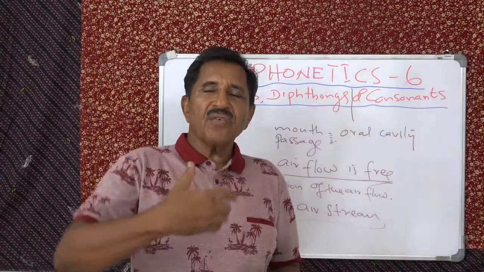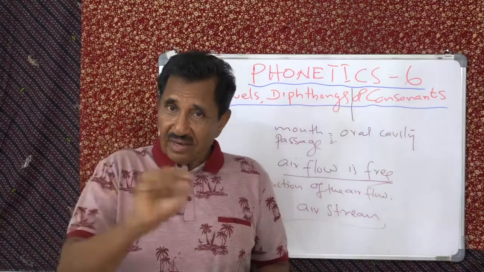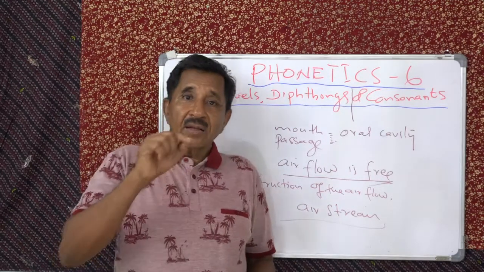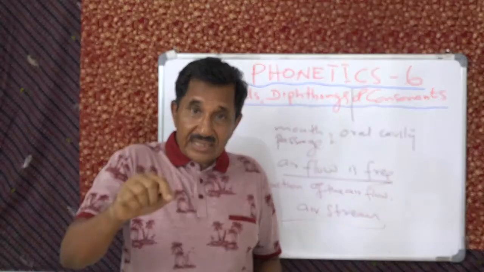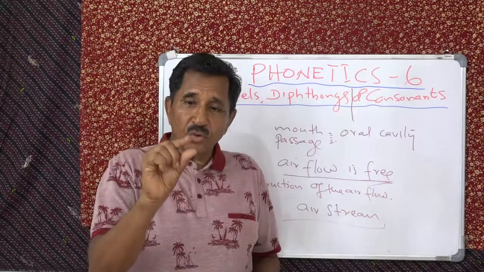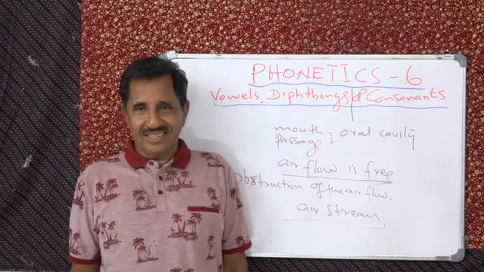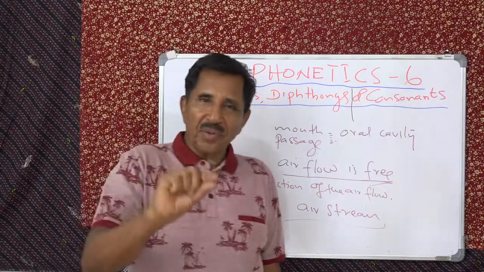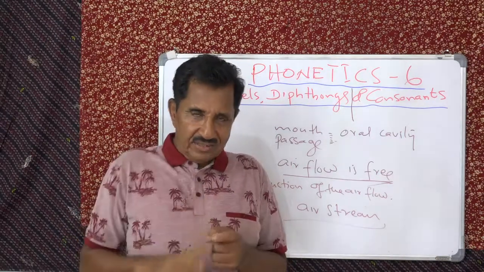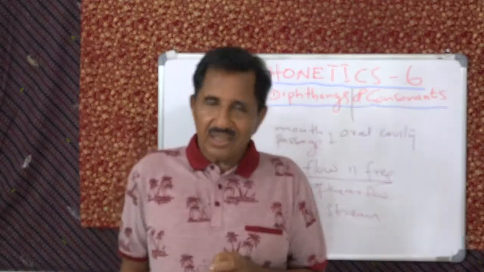There is free flow of air. But when you produce a consonant sound, the flow of air is obstructed either by stopping or by narrowing. That's it. Generally, these are the two actions. Then minor differences we will see tomorrow.